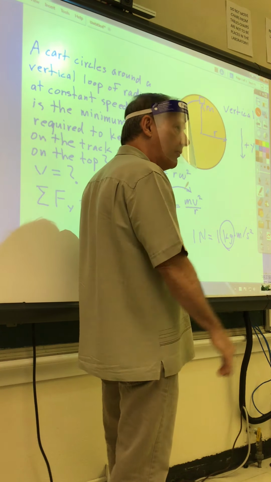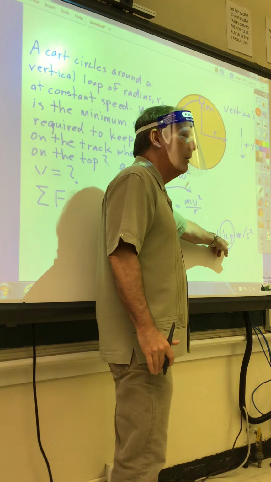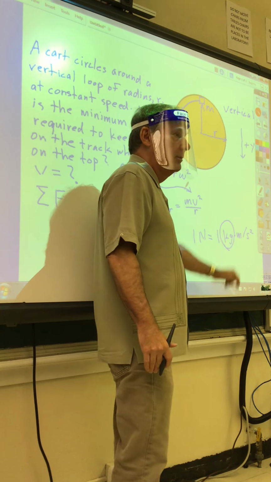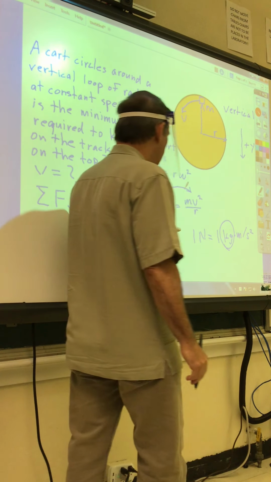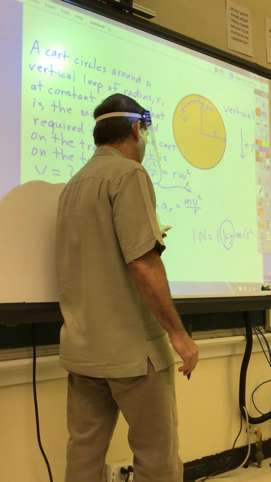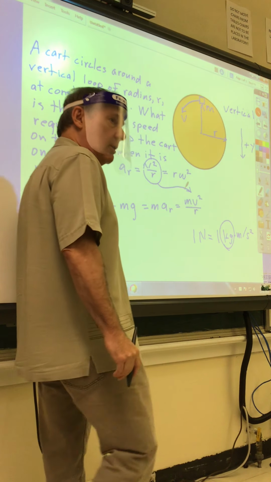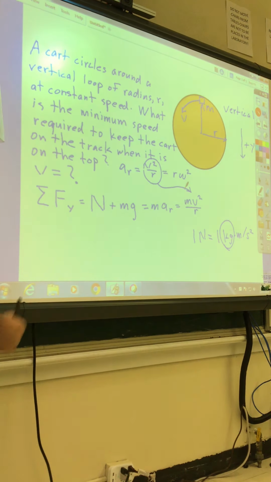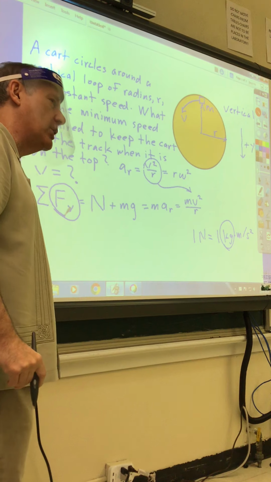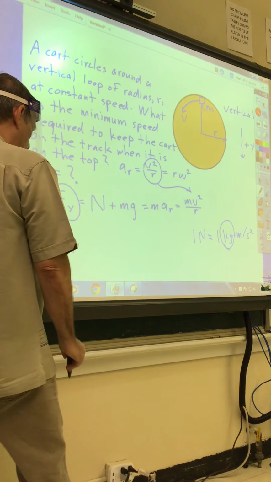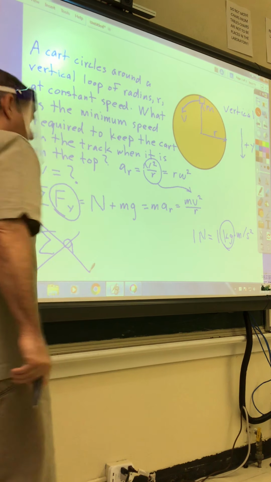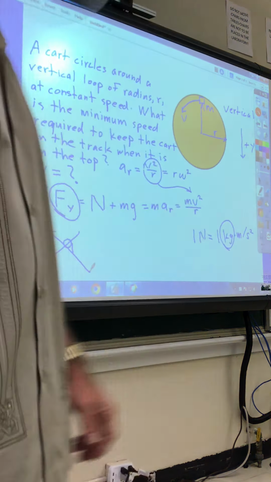That's where the mass comes from. You have to have a mass to make a kilogram here. So the centripetal acceleration is v squared over r, but then you multiply by the mass to make that a force term. Remember, you're summing the forces, you're not summing the accelerations. We're summing the forces.